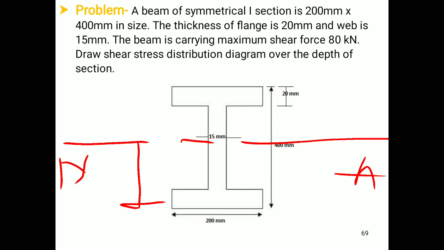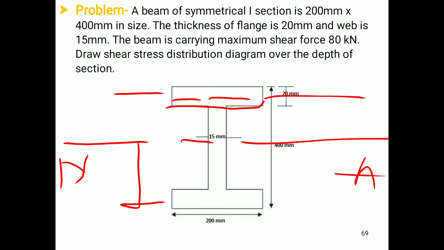Now, what is y bar? We have concentrated on this particular area because at the junction this area is easy to solve. As it is easy to solve, y bar is nothing but, for this particular area the centroid is this one.